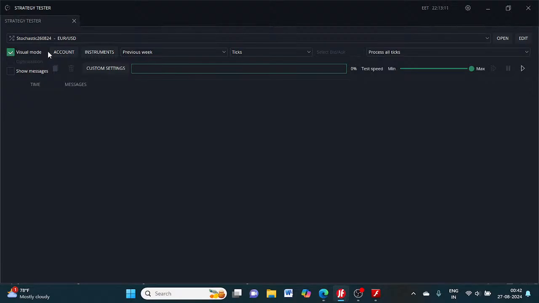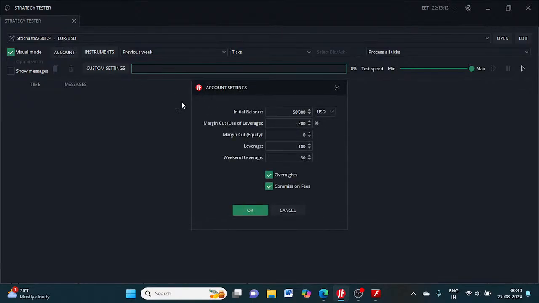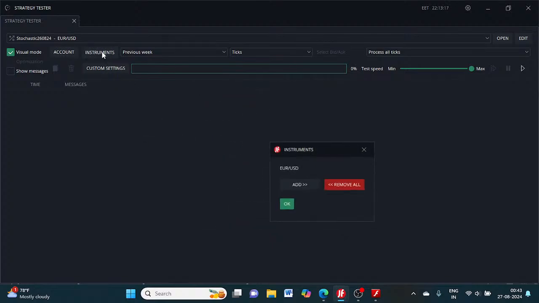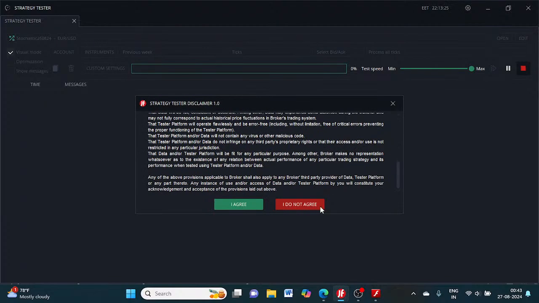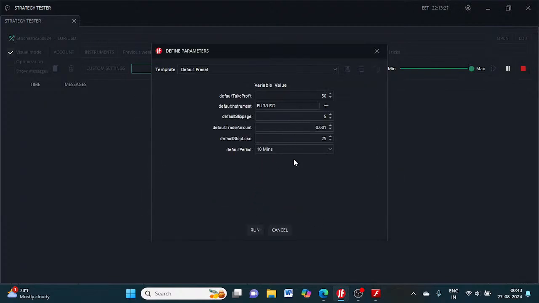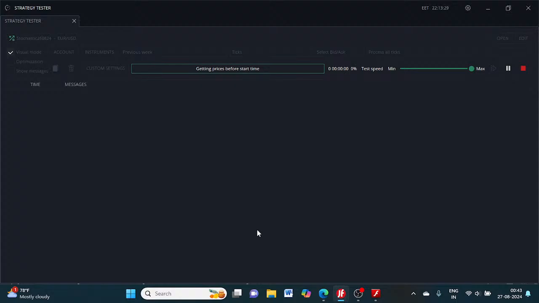Visual mode, account. We're going to use this instrument, EUR/USD, previous week ticks, and let us get started. I agree. Run.